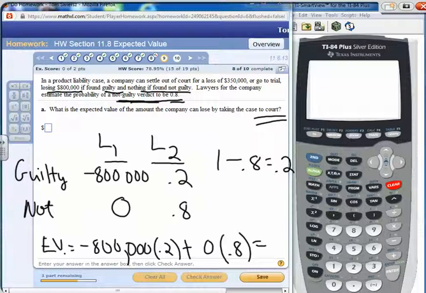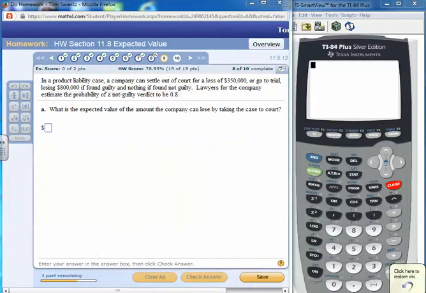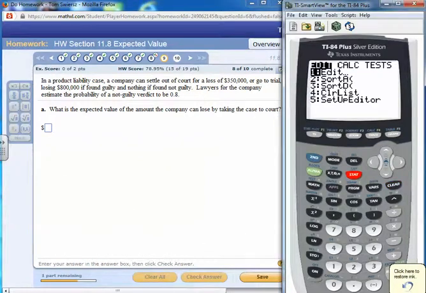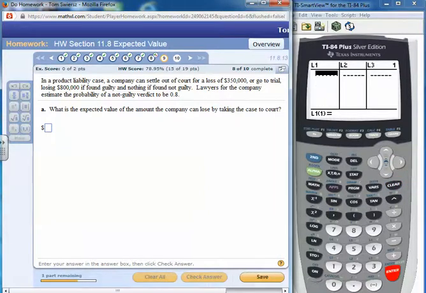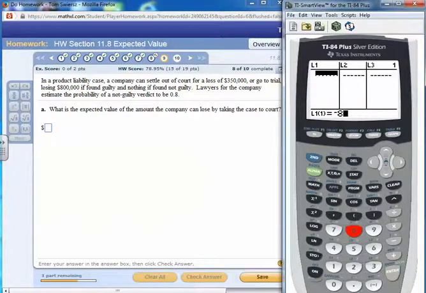We can do our list features in the calculator and do it that way. So again, we go to Stat, over to Edit, and we clear out our old values by hitting the Clear button. In L1, if it's found guilty, then they're going to lose 800,000, so that'd be a negative 800,000.